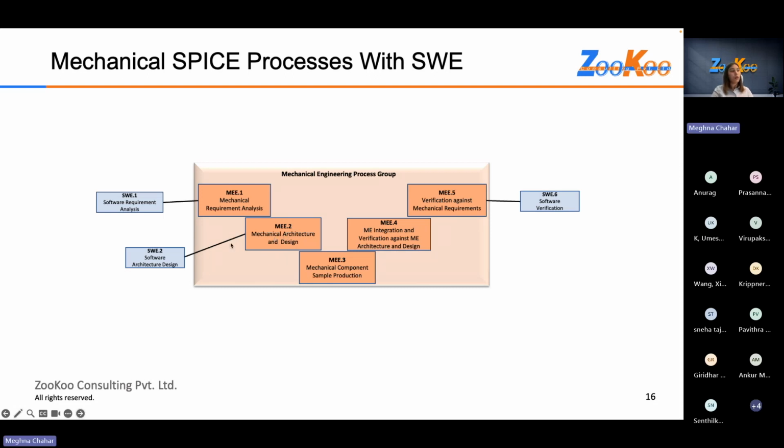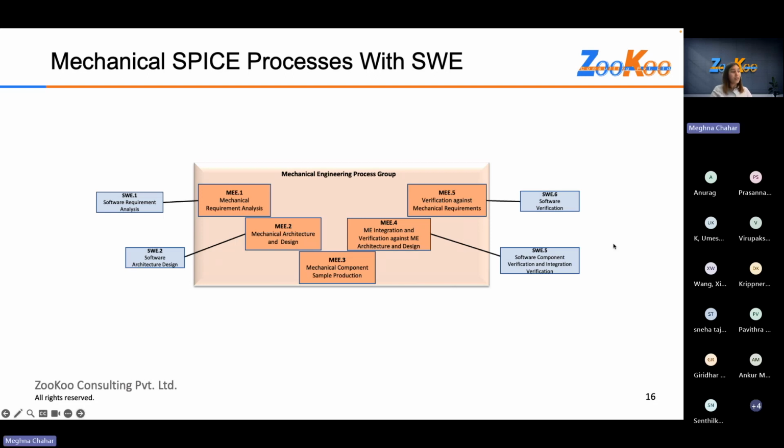So for now, you can think of your mechanical architecture and design process, from the structure point of view and the base practices point of view, as similar to the software architectural design process. On the right-hand side, we can map MEE4, your integration and verification against mechanical architecture and design, to our software component verification and integration verification.